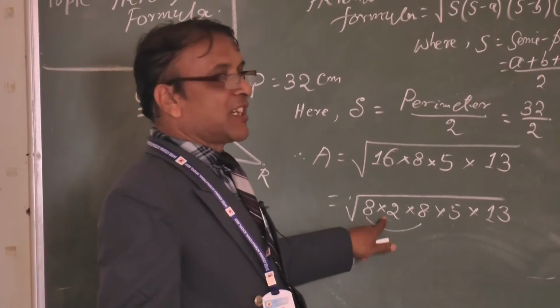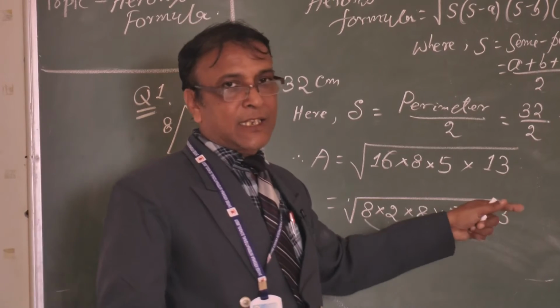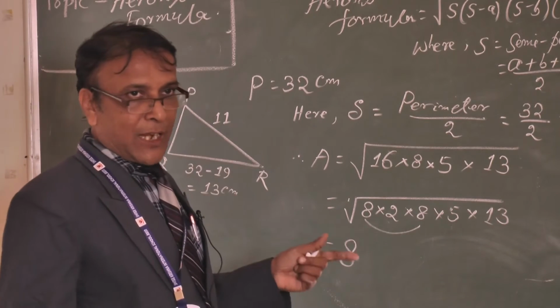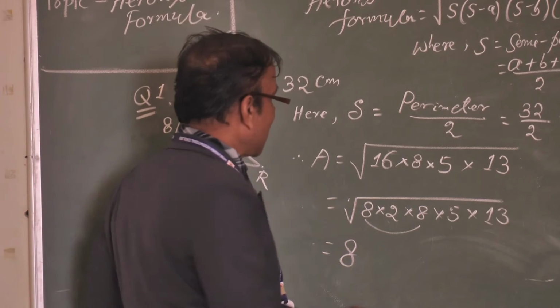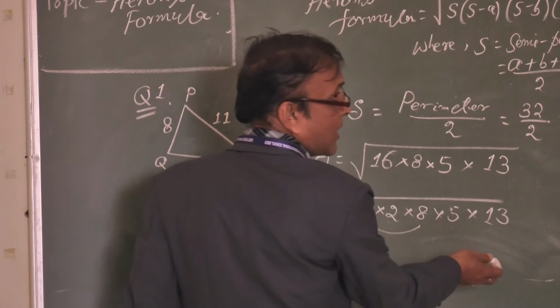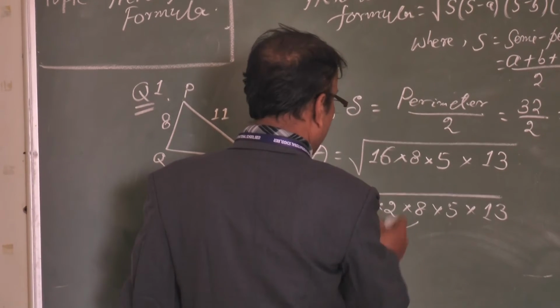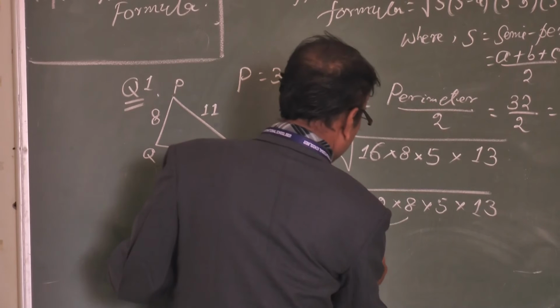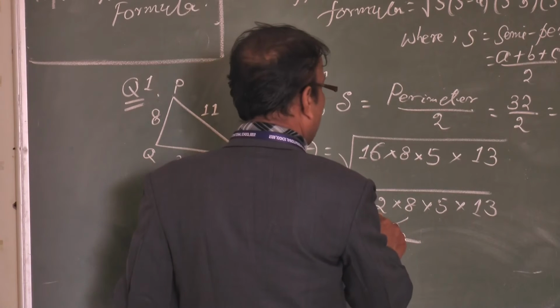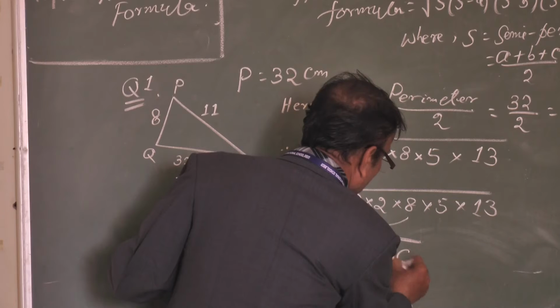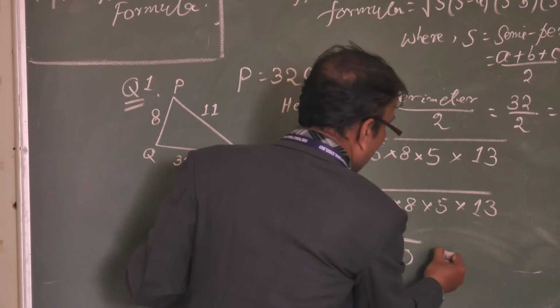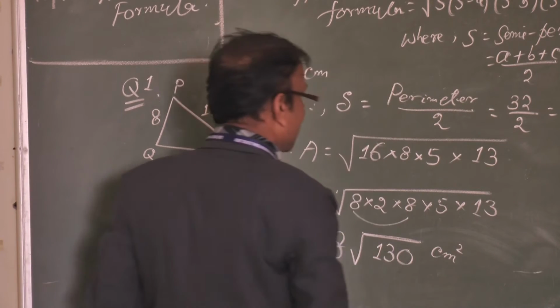These are a single 2, single 5, single 13. If they were in pairs, then I could bring one outside the square root symbol, but here only single. So those will be kept, 2 into 5 into 13, that is equal to root over 130. So 8 root 130 cm square.